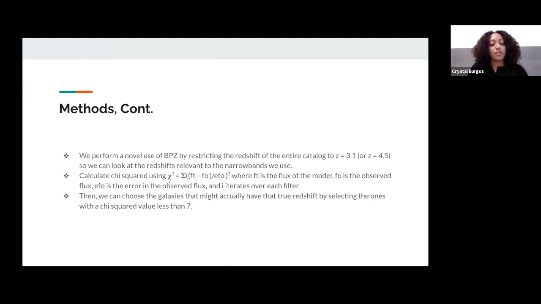And then we use a chi-squared analysis to determine which galaxies actually have this true redshift. So we can choose the galaxies that might actually have a redshift of z equals 3.1 by selecting the ones that have a chi-squared value less than 7.